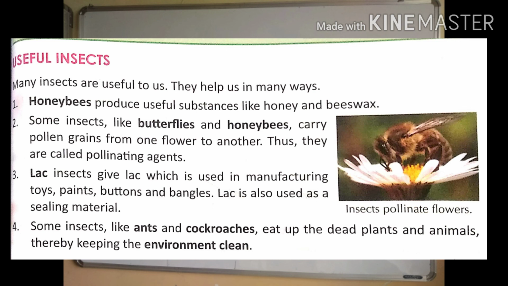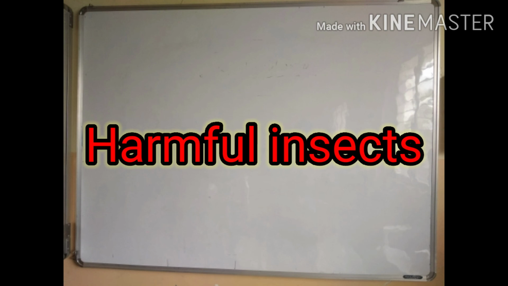Okay, so these are the useful insects around us, and we have seen them around us. They are helping us in many ways. Got it? Okay. My dear students, we have seen some useful insects.